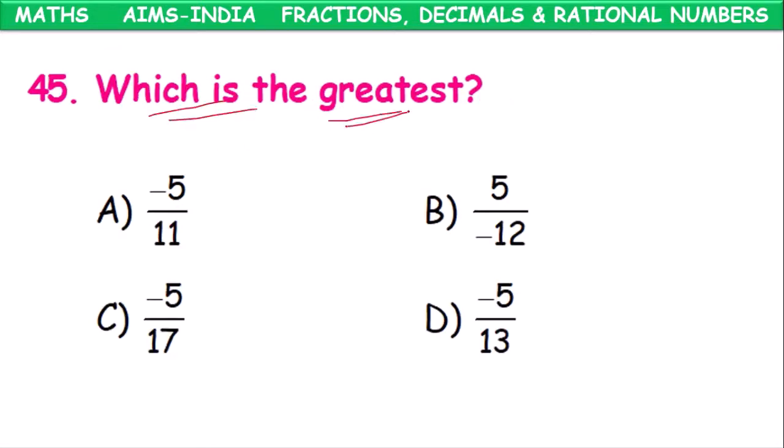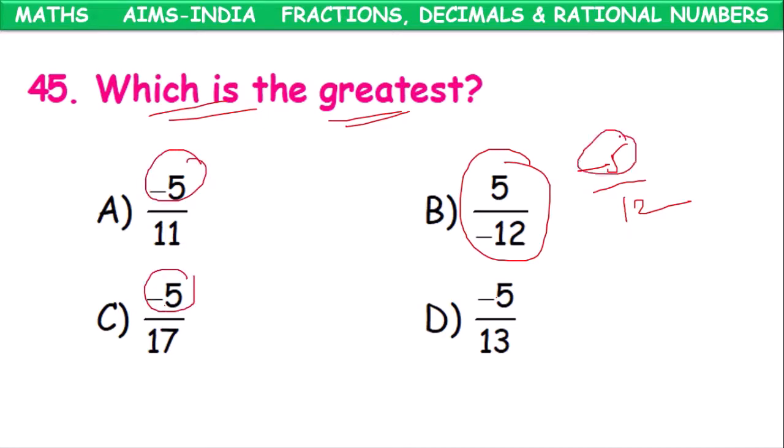Which is the greatest? Minus 5 by 11, minus 5 by 17. This also we can write as minus 5 by 12, minus 5 by 13. So the numerator part is the same. With the same numerator, if we divide by a bigger number, we get a smaller number compared to all.